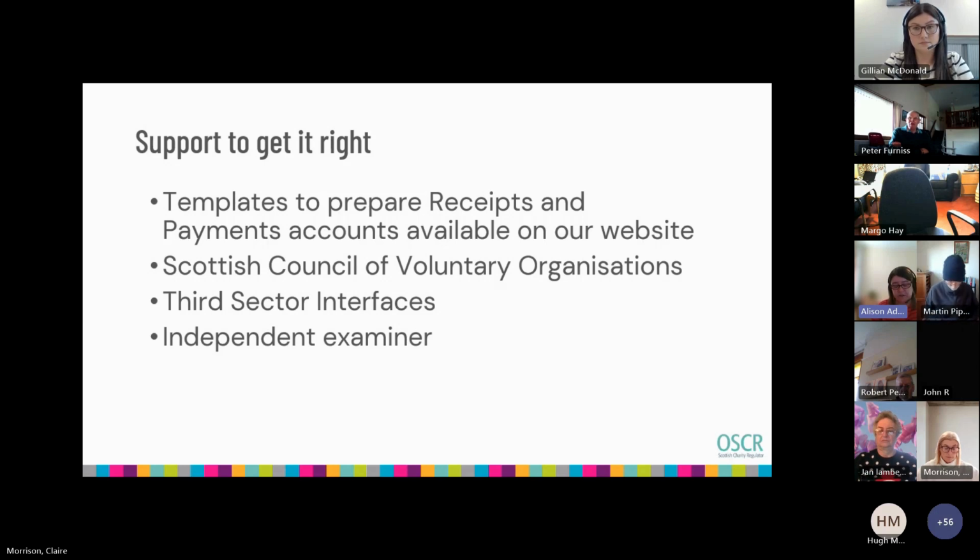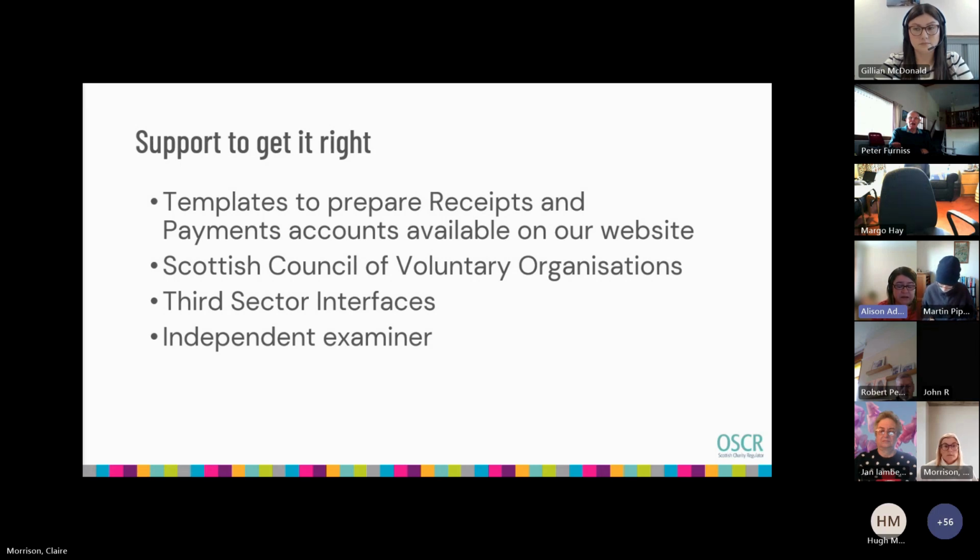Further information and guidance for charities is also available from the Scottish Council for Voluntary Organisations, SCVO, which is the membership organisation for Scotland's charities, voluntary organisations and social enterprises. Help is also available from third sector interfaces.